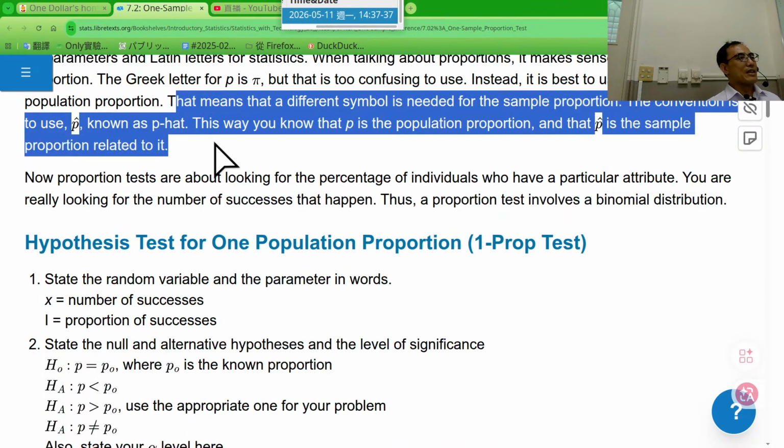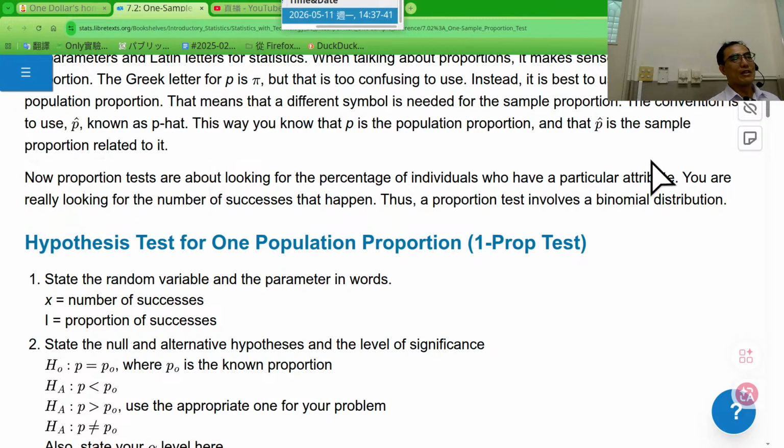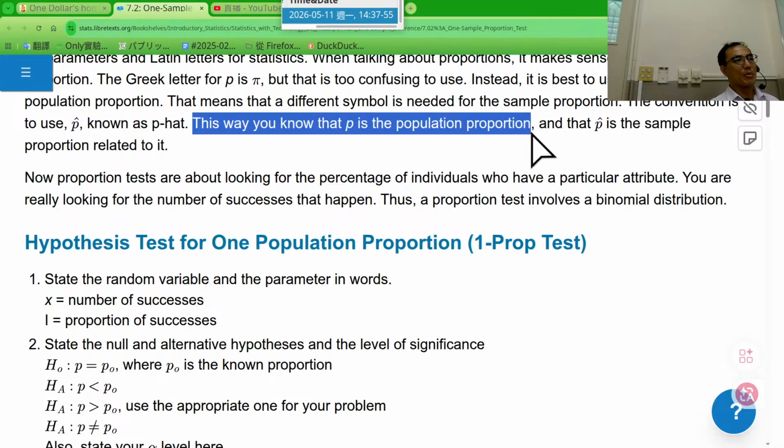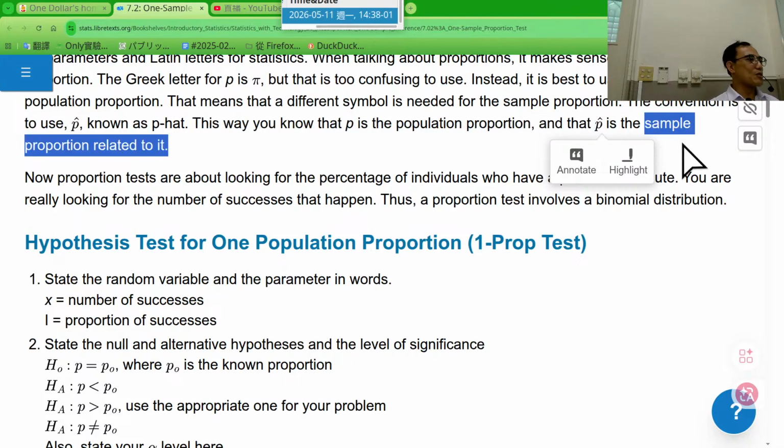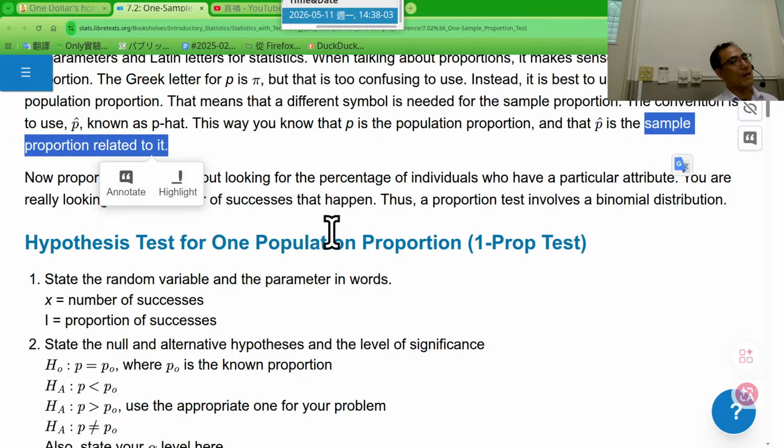That means a different symbol is needed for the sample proportion. The convention is p hat, a hat above the p. This way, you know that p is the population proportion, and p hat, wearing a hat, is the sample proportion related to it.